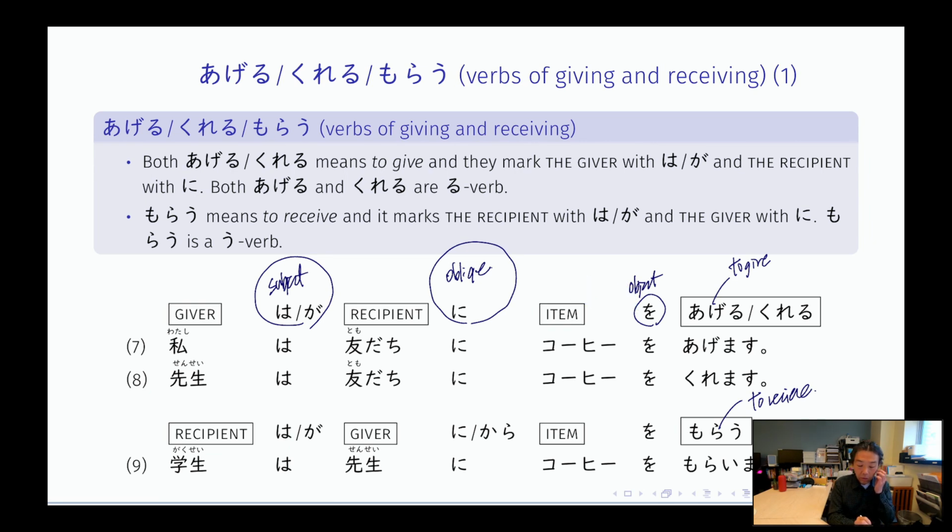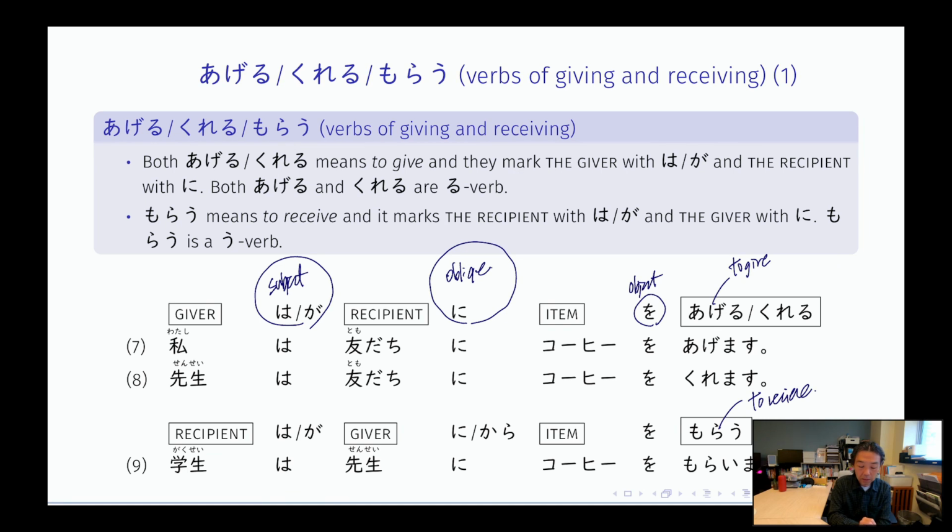Okay. So 私は友達にコーヒーをあげます。So あげる is to give. So I give coffee to my friend. I give coffee to my friend. Okay.